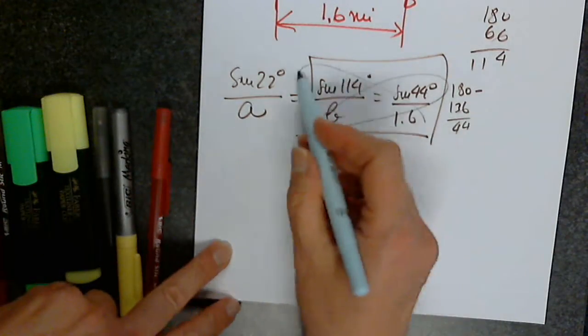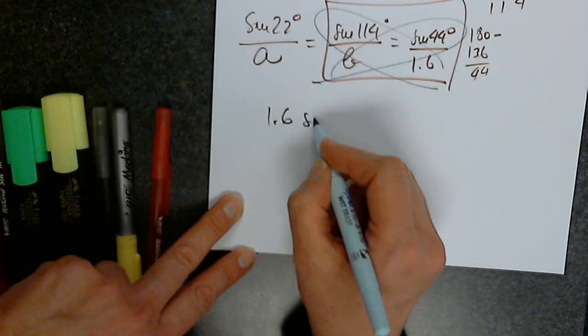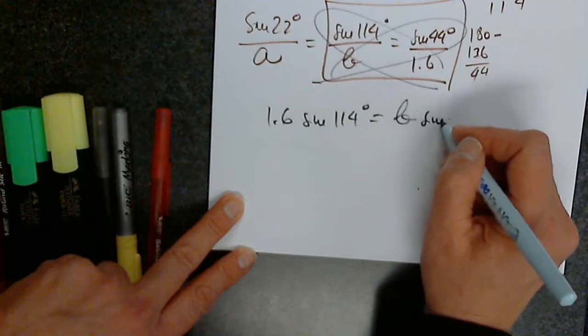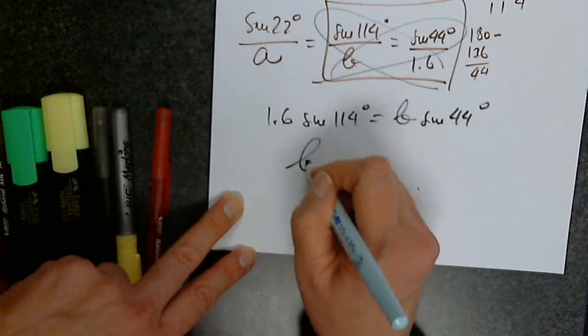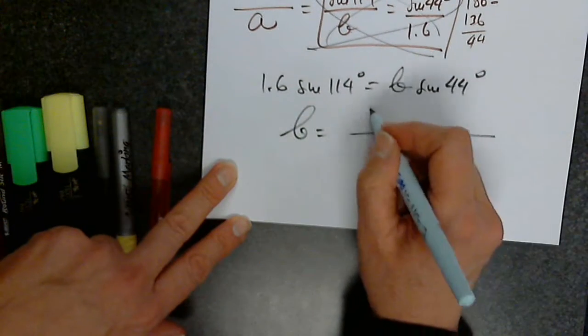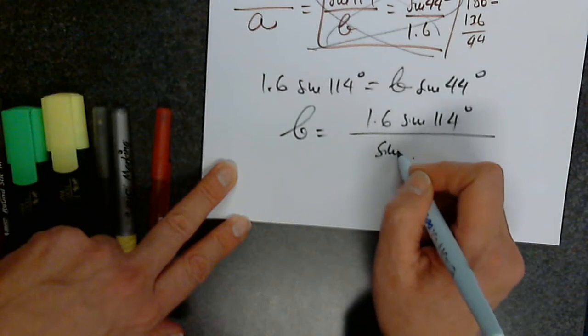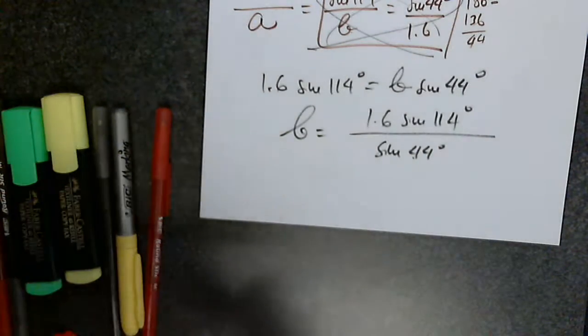So then I'll cross multiply: 1.6 times sine 114 degrees equals B times sine 44 degrees, where B is 1.6 sine 114 over sine 44 degrees.